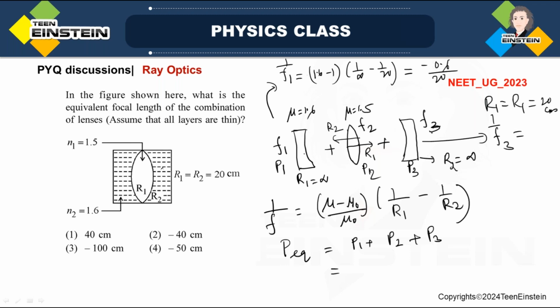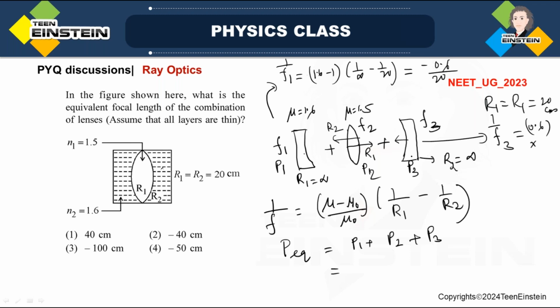We will get this mu minus 1 is 0.6 anyway, into, see, this R2 is infinite, whereas R1 has certain value. R1 has got some value, and see here R2 is actually infinite, isn't it? Sorry, negative, right? R1 is negative here.